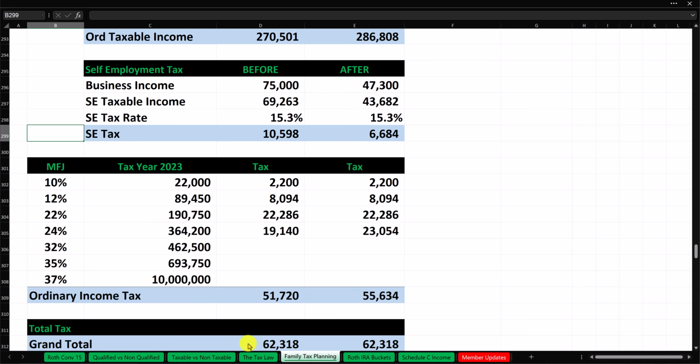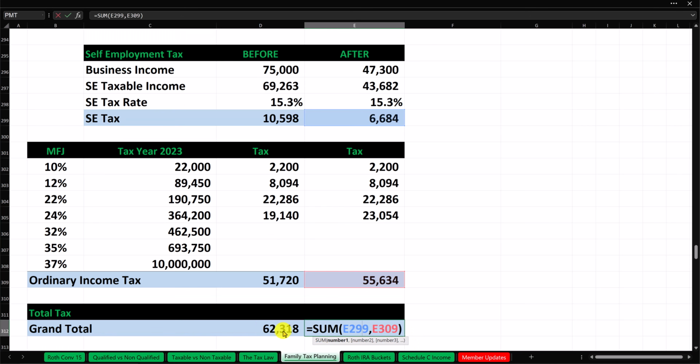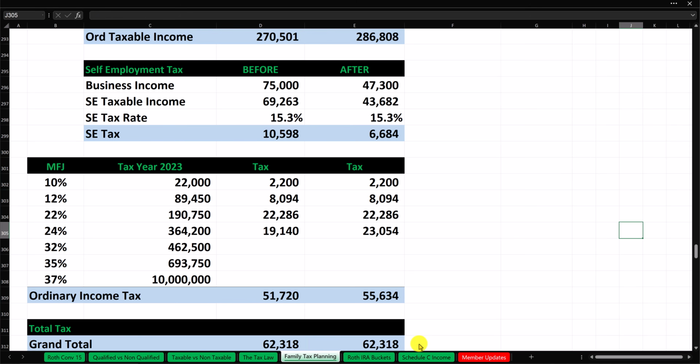But when we look right down here, we get the $62,318 of total tax in both scenarios. And this number right here on this line is just going to be the sum of our self-employment tax right here plus the sum of our ordinary income tax right there. So what you can see in this fact pattern is that the increase in ordinary income tax right here is offset by the decrease in self-employment tax right here.